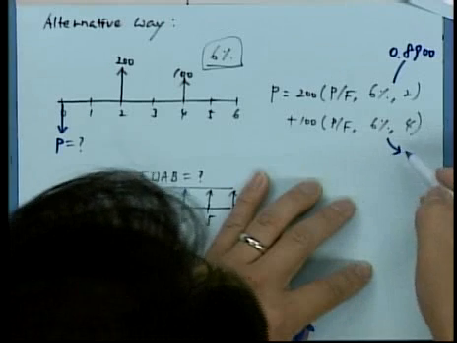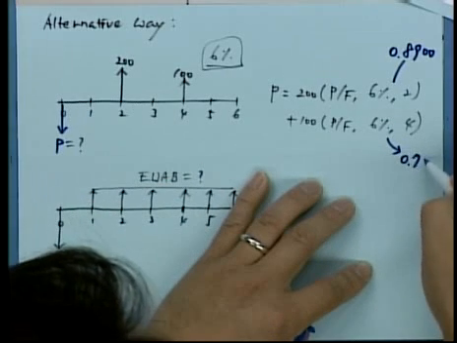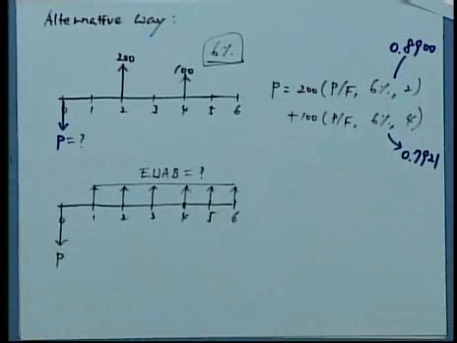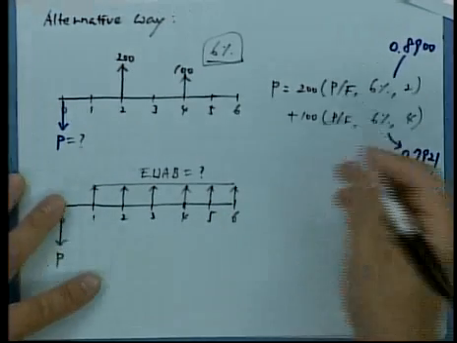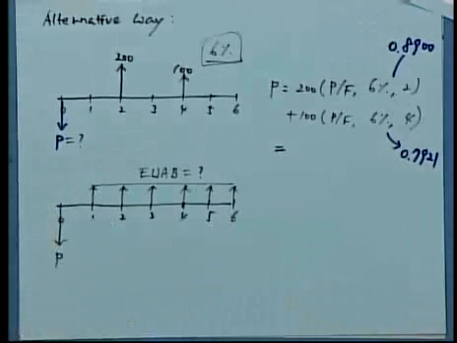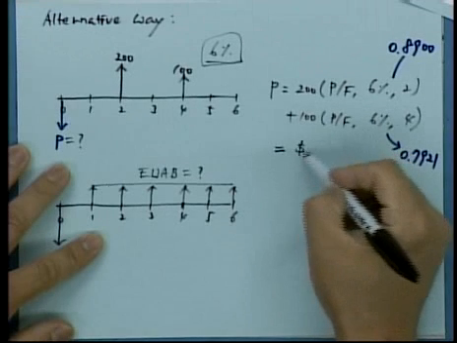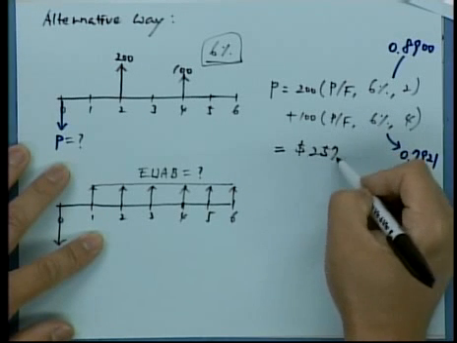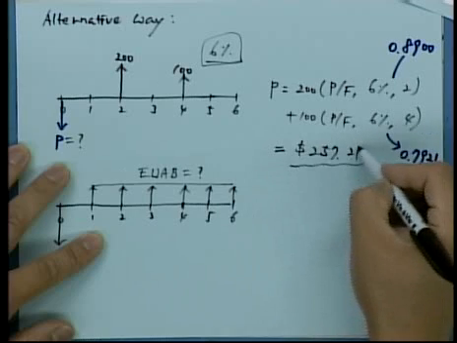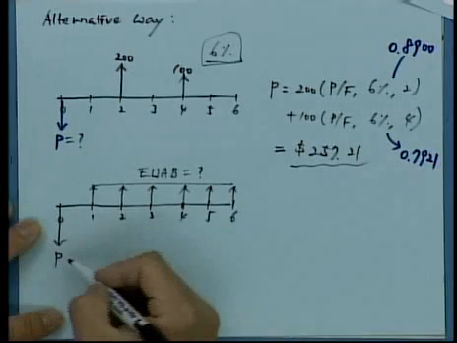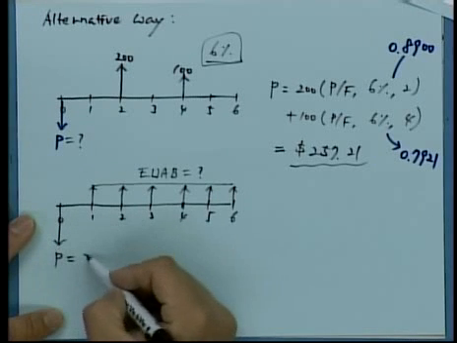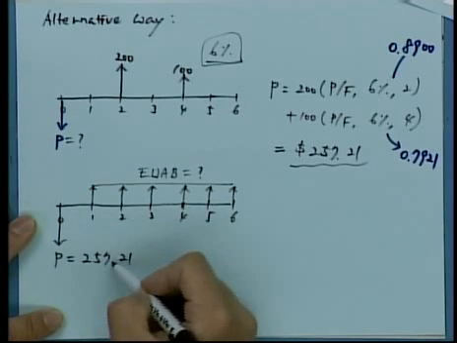Over 4 periods it is 0.7921. So how much is that? This is $257.21. Now we know that this present sum of money is $257.21.